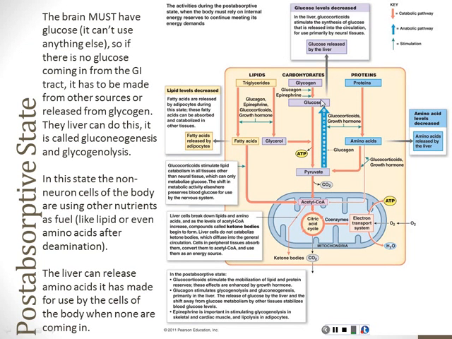It's not coming in through the GI tract. The cells, the neurons of the brain require glucose to be present. So in the absence of insulin, do you see how there's no insulin marker up here? The cells are sort of told, don't use glucose. Spare the glucose for the brain and use other fuels instead.